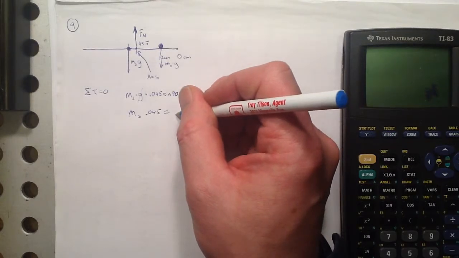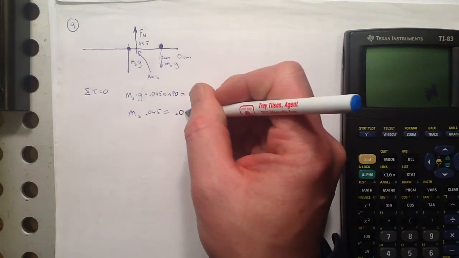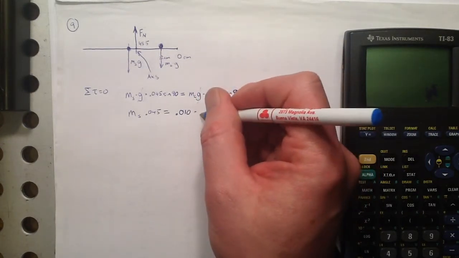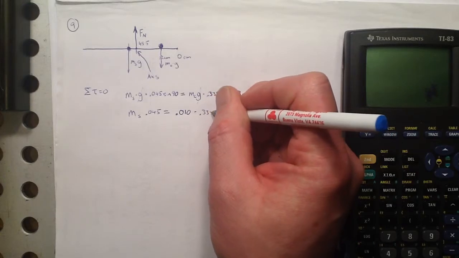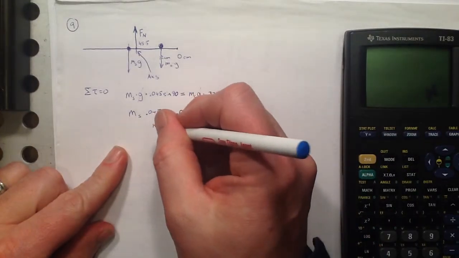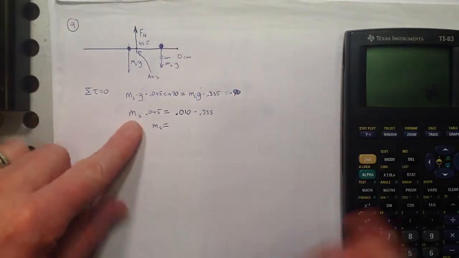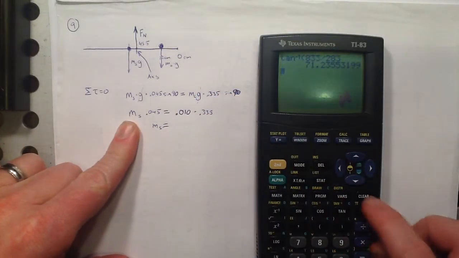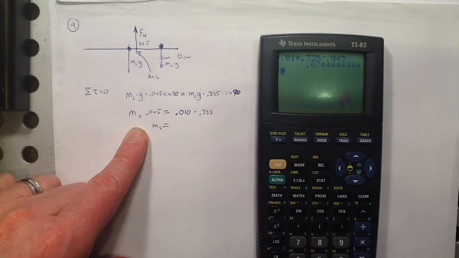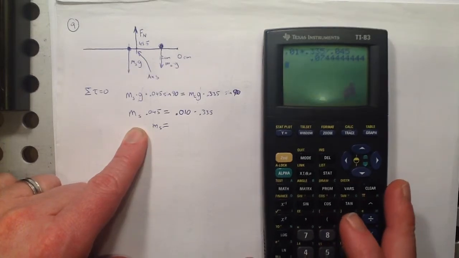So that's a total mass of 10 grams, or 0.010 kilograms. The g canceled out, times 0.335 times the sine of 90 is just 1. So there you go. There's the equation we can solve for the mass of the stick. We chose a good axis. 0.01 times 0.335 divided by 0.045. So it looks like it's about 74 grams.